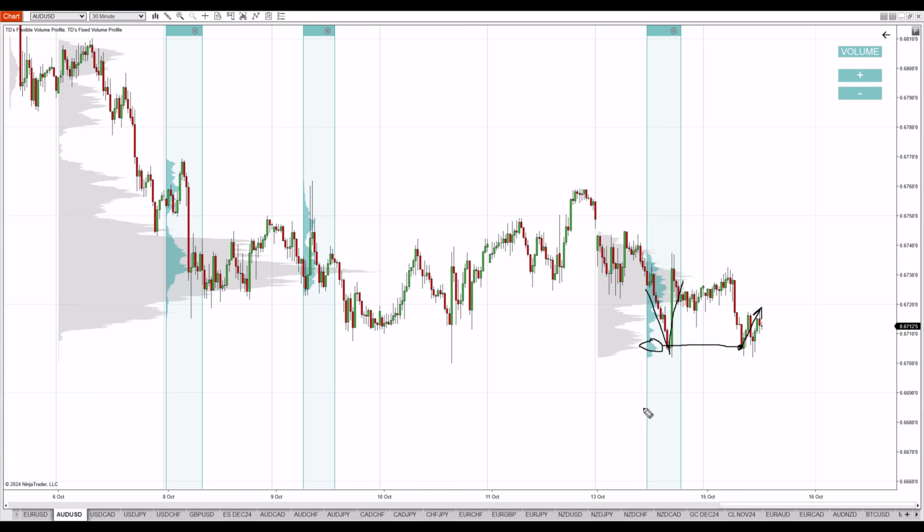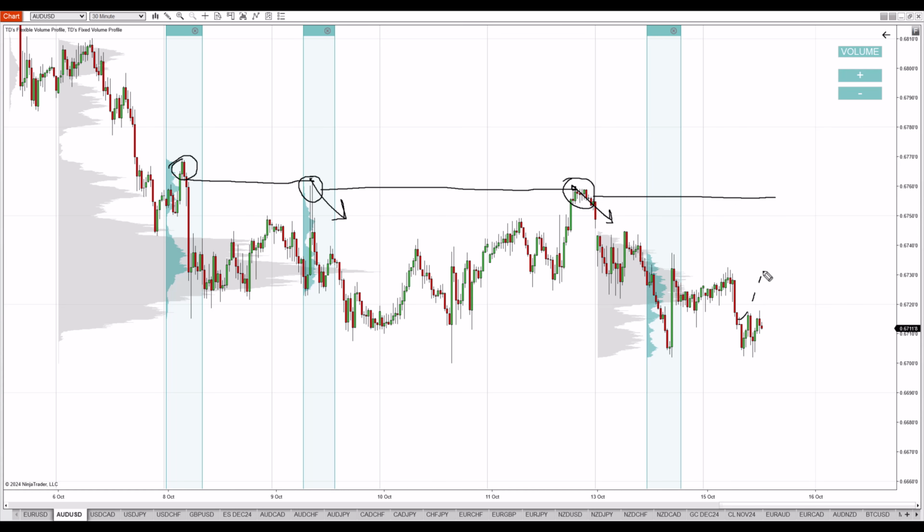Alright, so you can use the volume profile to look for those significant volume bumps and trade from those, like I showed you, or you can just trade without volume profile and trade from the highs of those significant swing points, like this, and if there was a pullback to this level, then short from here.